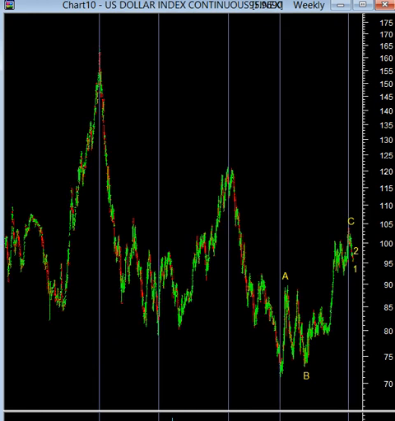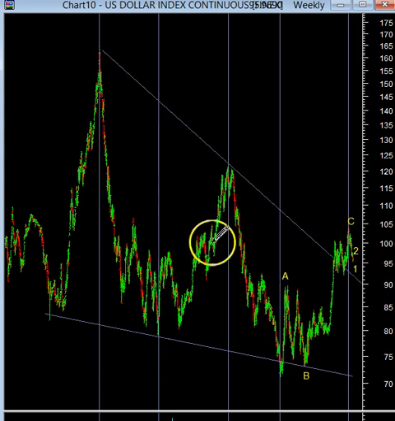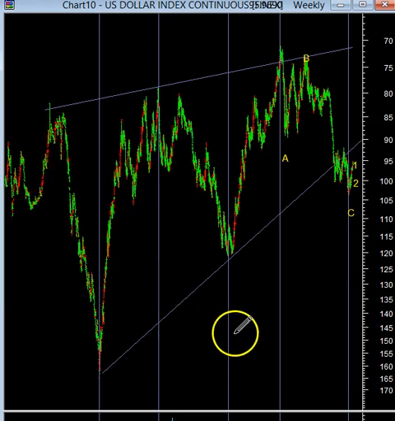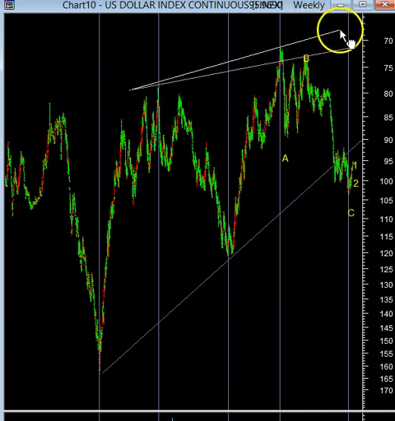Some people had started to draw a big wedge around this pattern, which I don't know if it's valid or not. You can argue both ways, and just like you'd want to argue the bullish case for this triangle, sometimes what I do is if you simply invert a chart, you'll see the opposite case also, and the opposite case would then be more that the dollar is forming some kind of an ending structure.